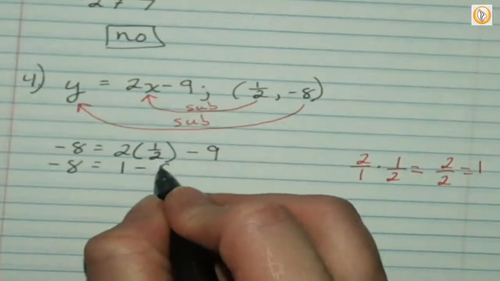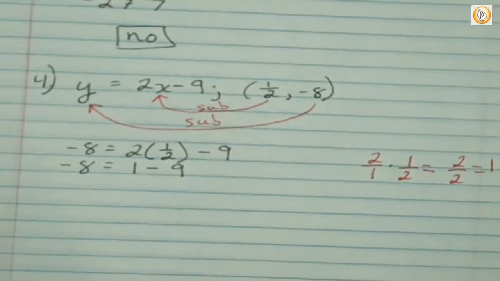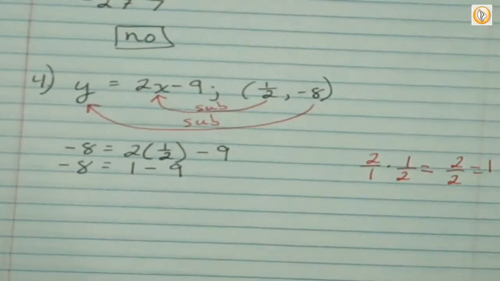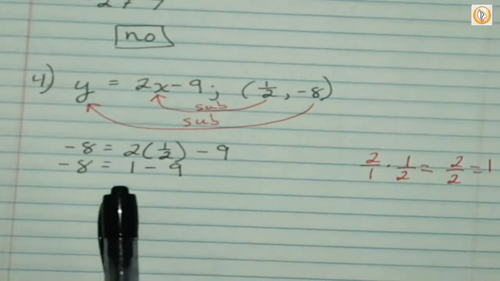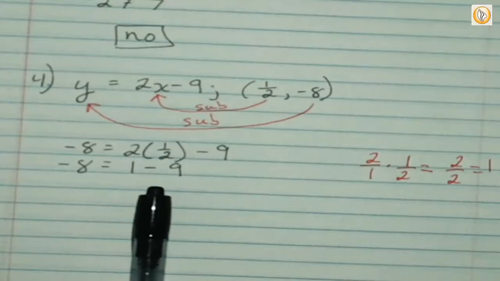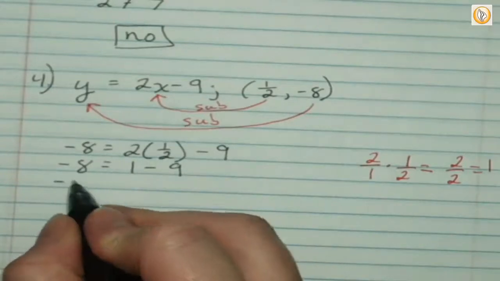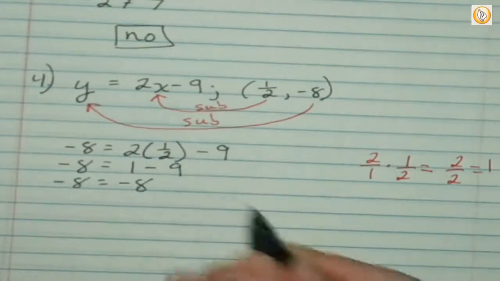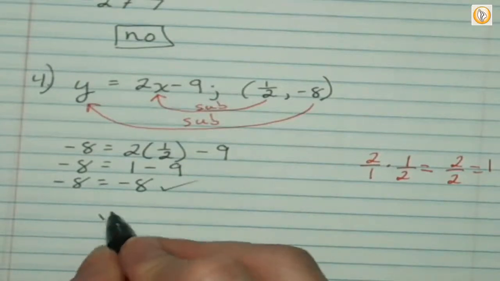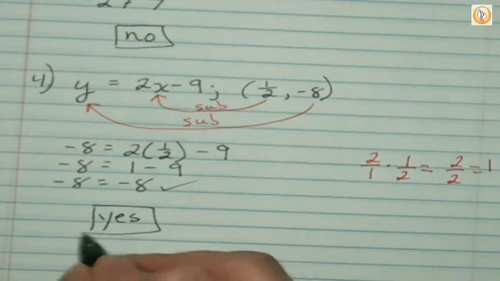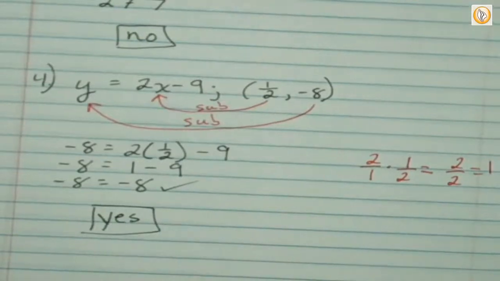Perfect. 1 minus 9. Basically, you could say, what's half of 2? Well, 1. Okay, so what's 1 minus 9? Perfect. So does negative 8 equal negative 8? It checks. So then your answer is yes. It is a solution. Good job.